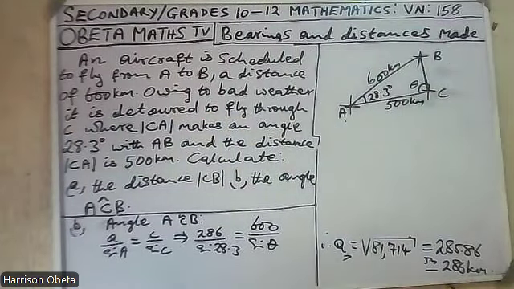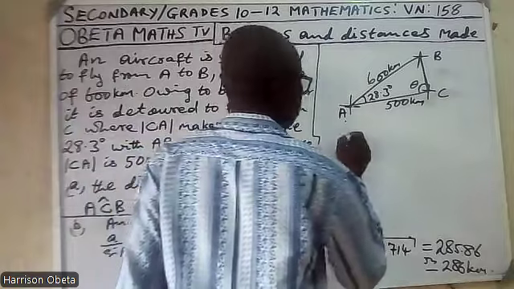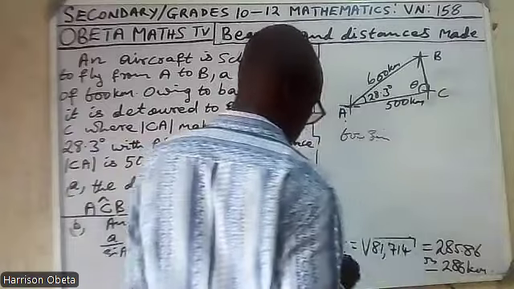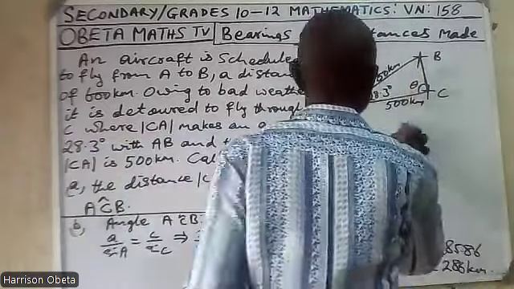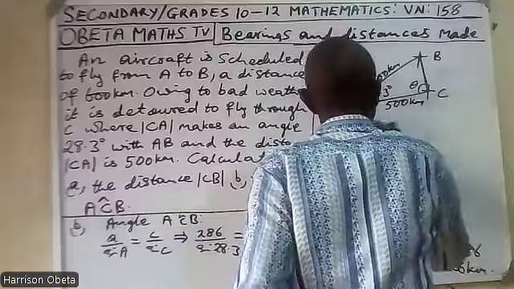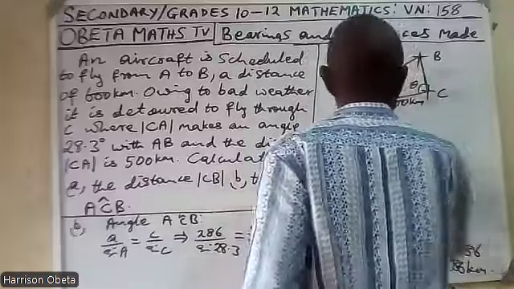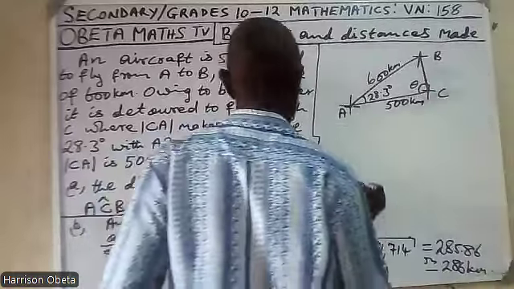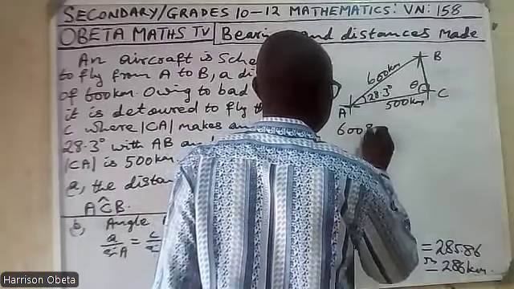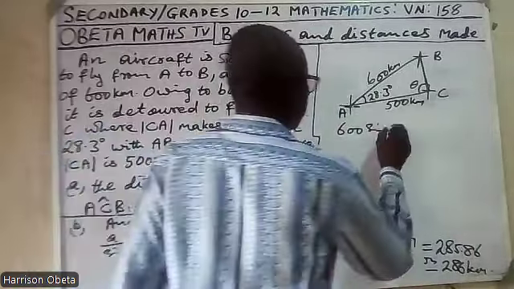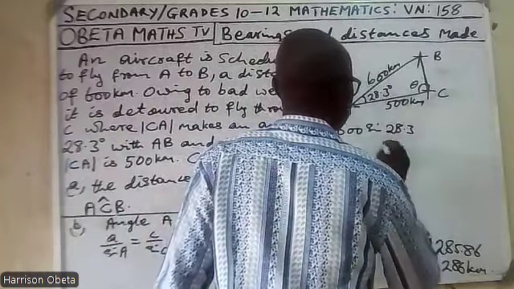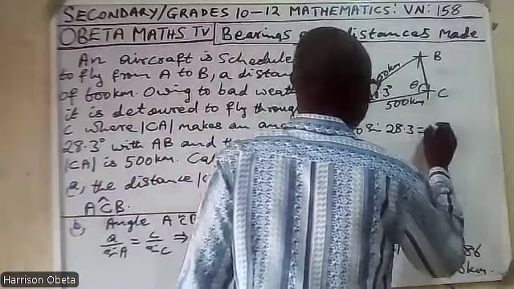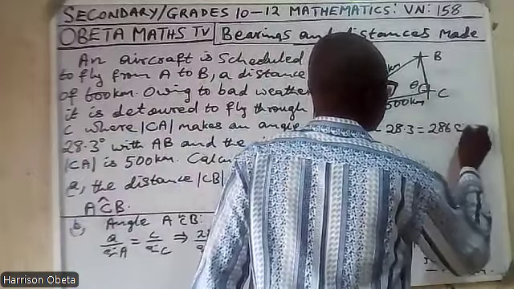That will give us 600 sine 28.3 is equal to 286 sine theta.